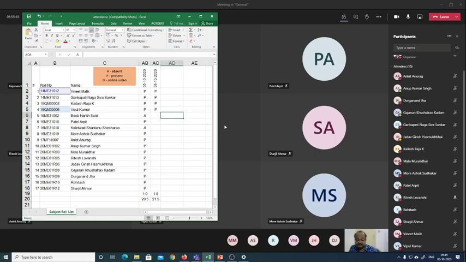Harsh. Arpit Patel. Present. Shantanu. Ashok. Ankit. Sir. Anup Kumar Singh. Present, sir. Muralidhar. Present, sir. Muralidhar, are you using a mobile or are you using laptop? Sir, I am using. You are using mobile.